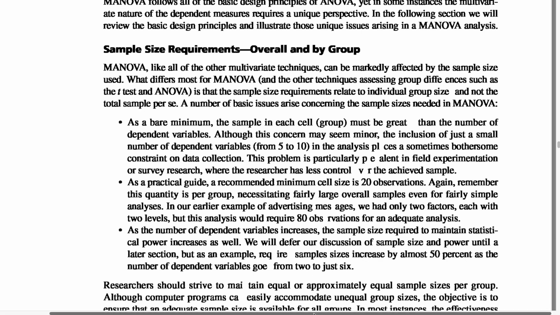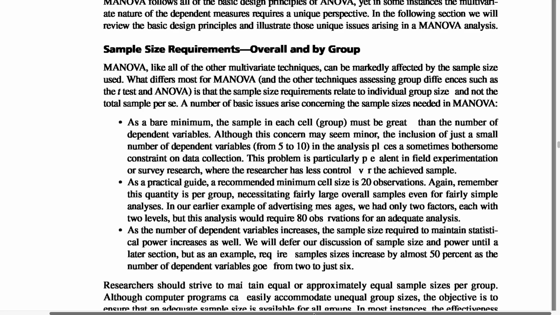Number 1, sample size requirements overall and by group. MANOVA, like all other multivariate techniques, can be affected markedly by the sample size used. What differs most for MANOVA and other techniques assessing group differences, such as t-test and ANOVA, is that the sample size requirement relates to the individual group size and not the total sample. A number of basic issues arise concerning the sample size needed in MANOVA.